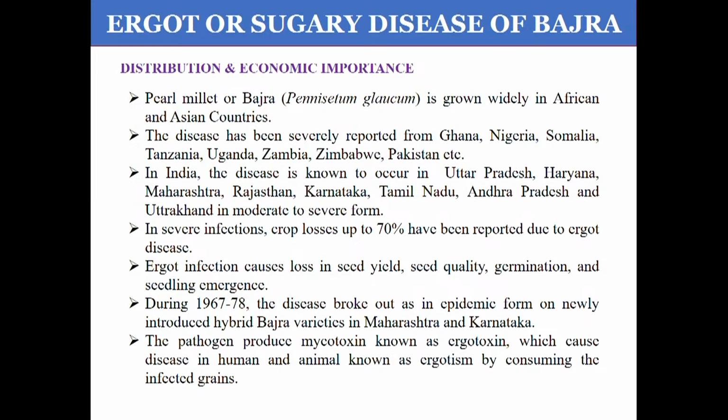During 1967 to 78, the disease broke out in epidemic form on a newly imported hybrid Bajra variety in Maharashtra and Karnataka. The pathogen produces a mycotoxin, called ergotoxin, which causes disease in humans as well as in animals, known as ergotism, by consuming the infected grains.